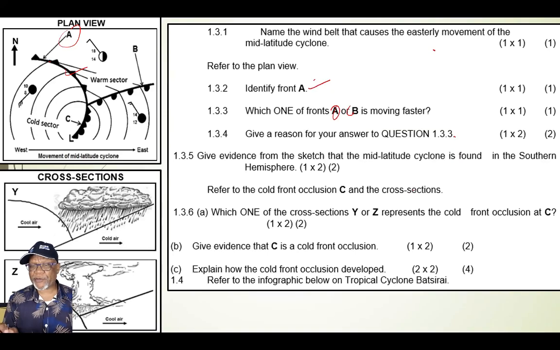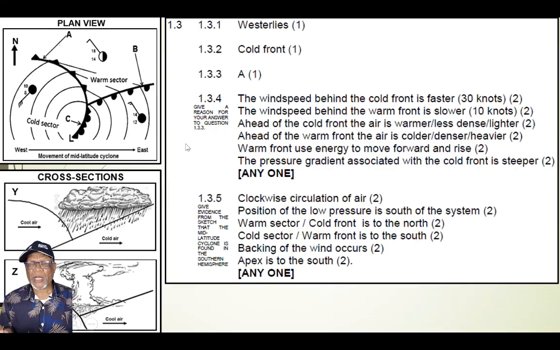And they say, give evidence from the sketch that the mid-latitude cyclone is found in the southern hemisphere. What is the evidence? It is because the wind speed behind the cold front is faster.